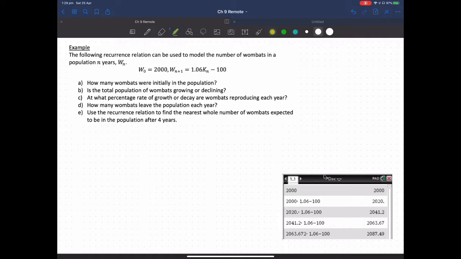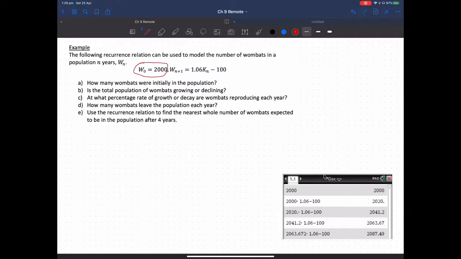In this example, we're given a population which is being modelled by a recurrence equation. Looking at our recurrence equation, you can see that we are told the number of wombats when we start is 2,000.